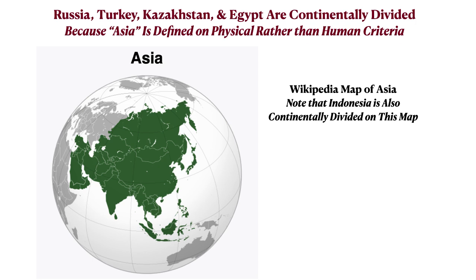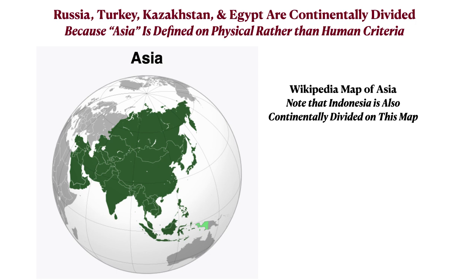Now, note on this Wikipedia map, Indonesia is also continentally divided. We see the main parts of Indonesia, the big islands of Sumatra, Java, southern three-fifths of Borneo, Sulawesi, and so on, as part of Asia, but not New Guinea. But Indonesia includes the western part of New Guinea.